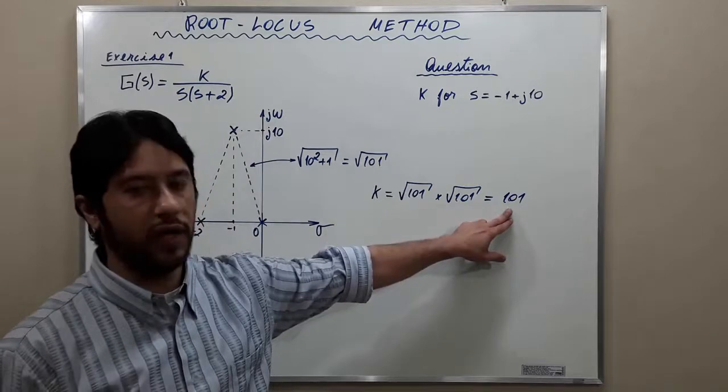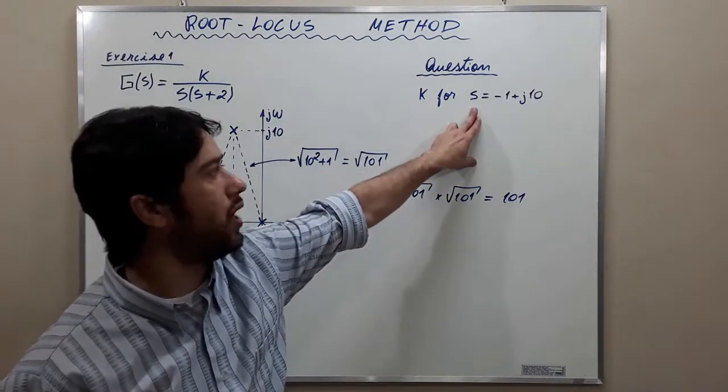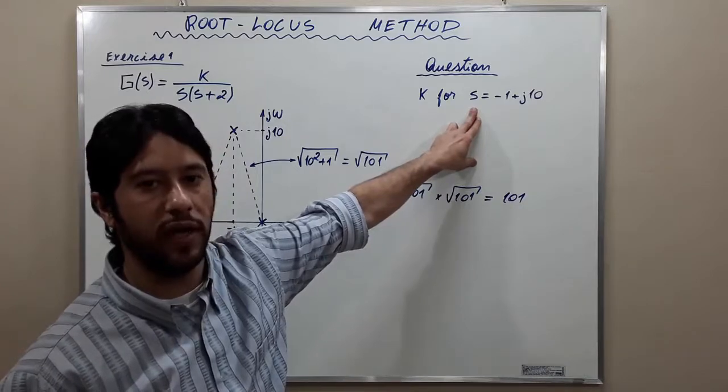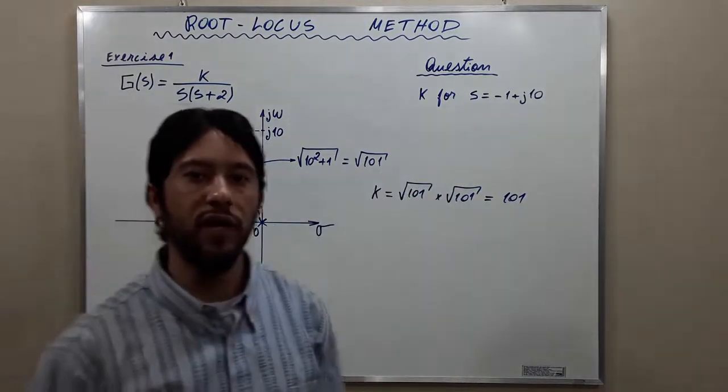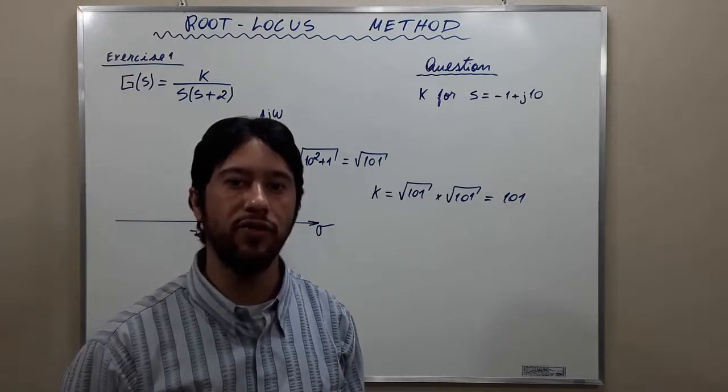For this value of K, we have a pole at s equal to negative 1 plus j10. Okay, my friends, this is everything for exercise 1. Let's go to exercise 2.